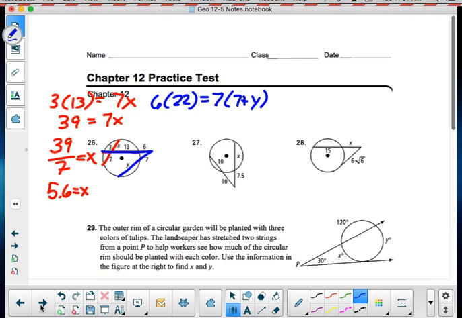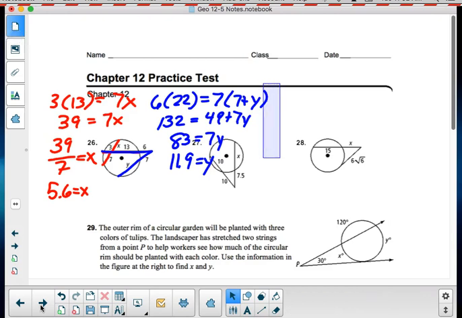Okay, now, I've got this going on. 6 times 22 is 132. Let me just double check. So I've got 132. It's equal to 49 plus 7y. 132 minus 49 is going to give me 83. 83 is equal to 7y. Divide by 7, and I've got 11.9 is equal to y.